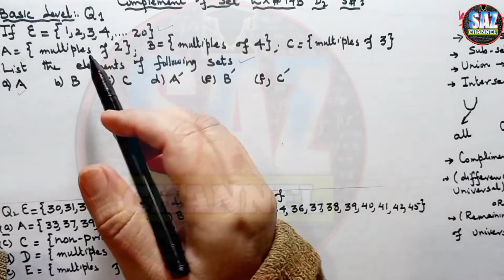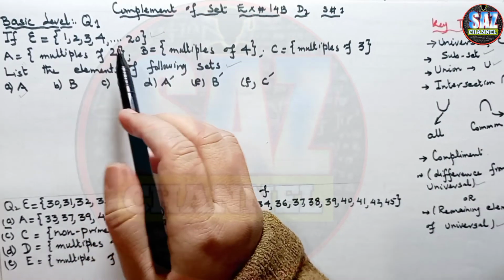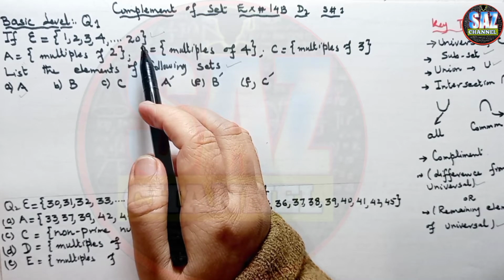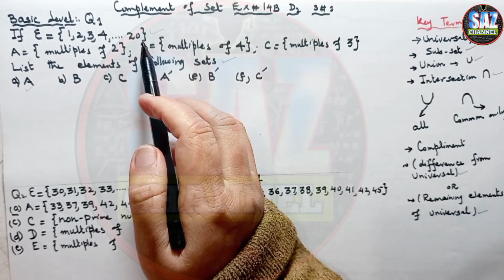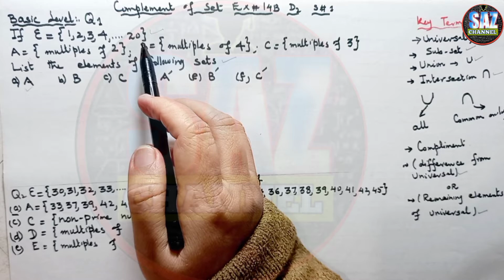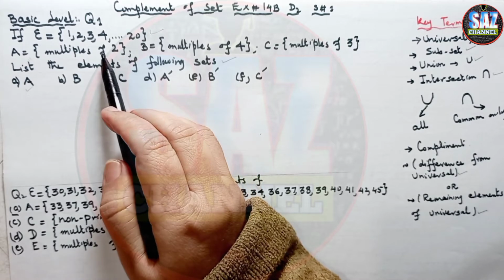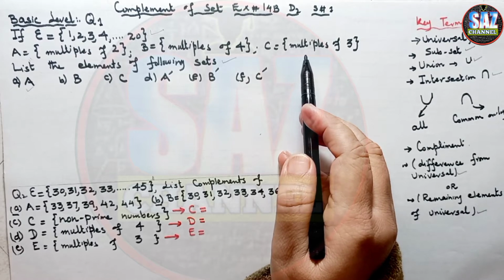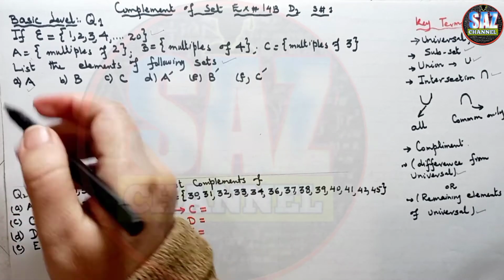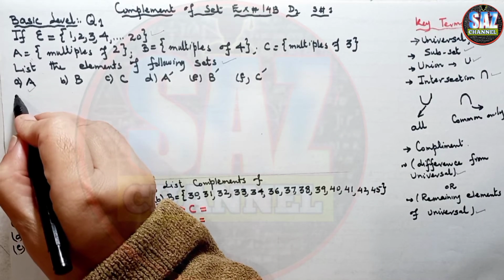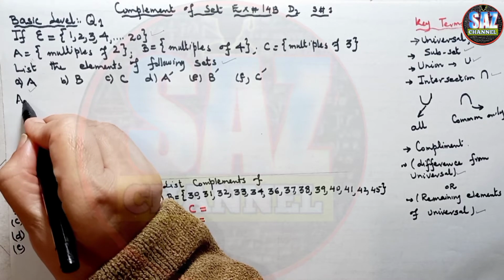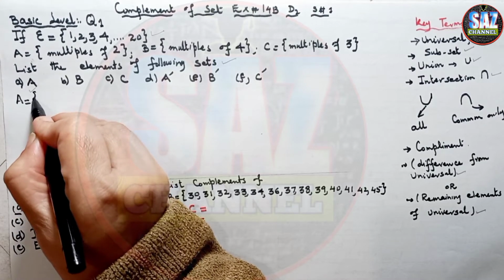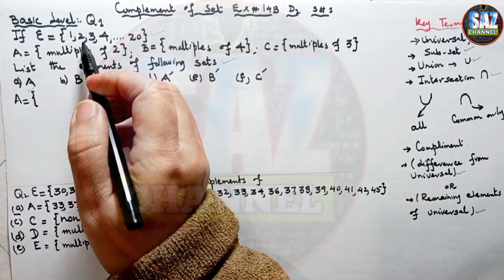As we know, universal is the set of positive natural numbers starting from 1 and ending at 20, and whatever the elements of subsets we have, we have to take those elements from the universal. So set A will be the multiples of 2 from this universal.